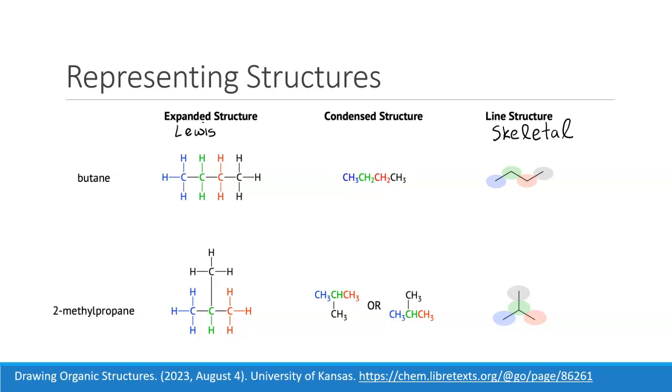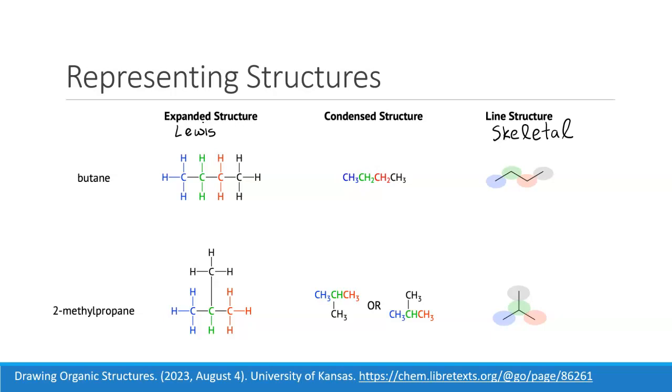So Lewis structures show every atom, every bond, and every non-bonded electron, or every set of lone pairs. The condensed structure is where we remove the bonds between the carbons and hydrogens. And so we package those hydrogens together with each carbon, depending on the carbon it's attached to.